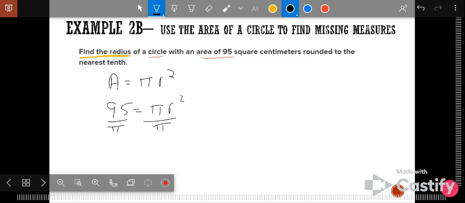And so now you need to take a calculator, do 95 divided by pi. My calculator screen is telling me it is 30 point, I'm just going to round it off here, 239. That's rounding late enough where I think I can still get a pretty good answer when I do my square root. And so now we need to square root both sides to get r by itself.